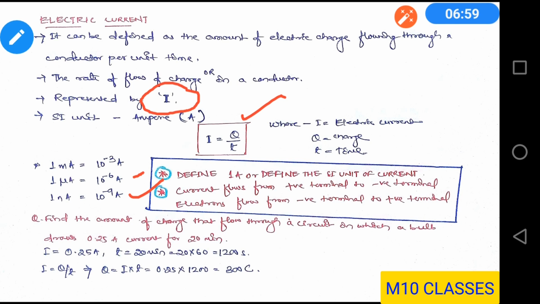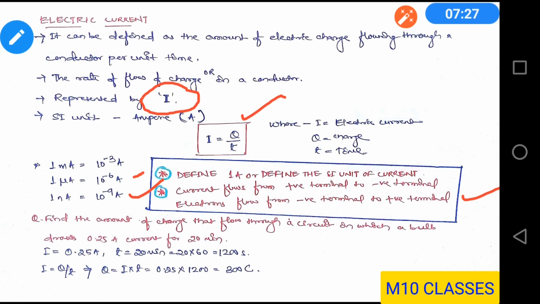But as you know, the electric current is the result of flow of electrons or electric charges, and the direction of this electric charge or electron is just opposite to that of electric current. That means the electric current flows from positive terminal to negative terminal, but the electrons flow from negative terminal to the positive terminal.